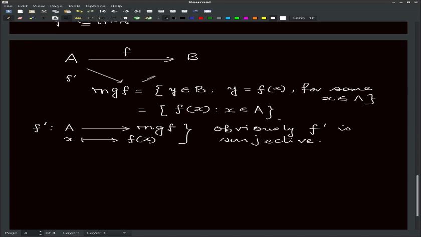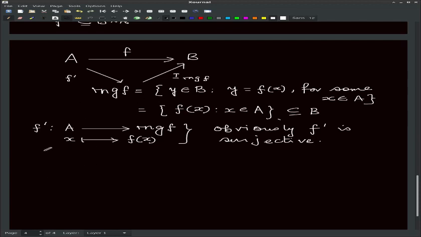And this range is already a subset of B, so you have the inclusion map of the range. And this inclusion is obviously injective.